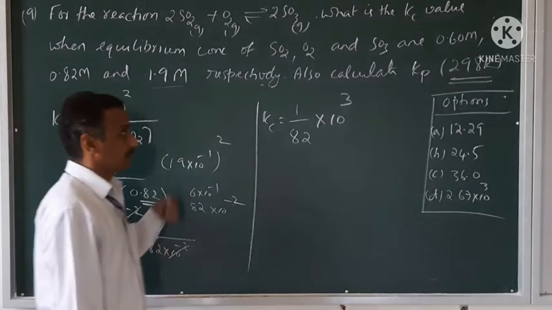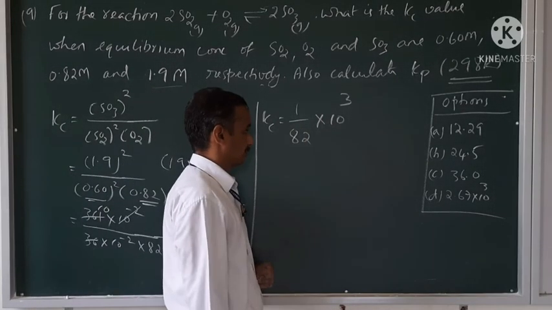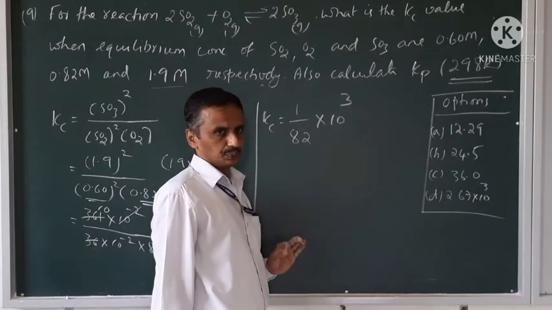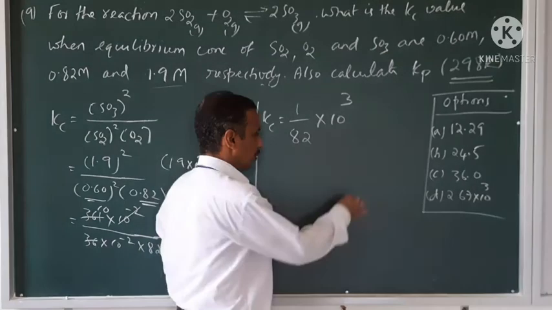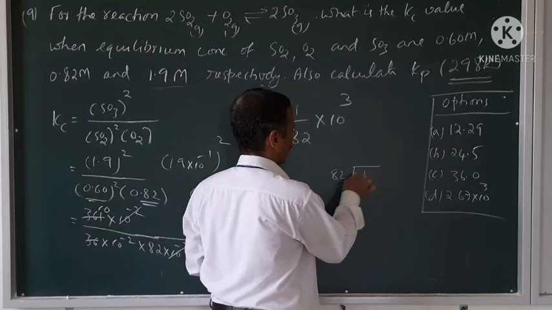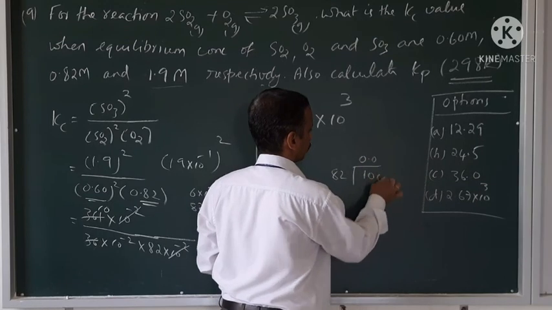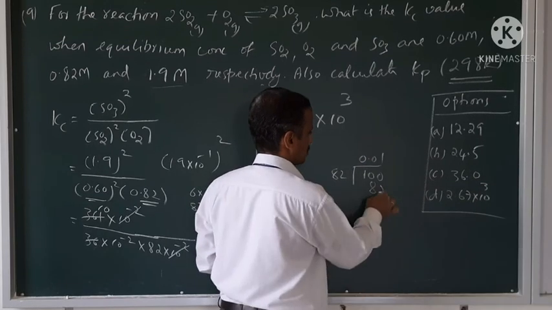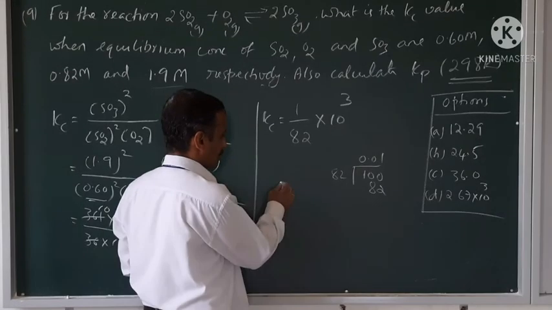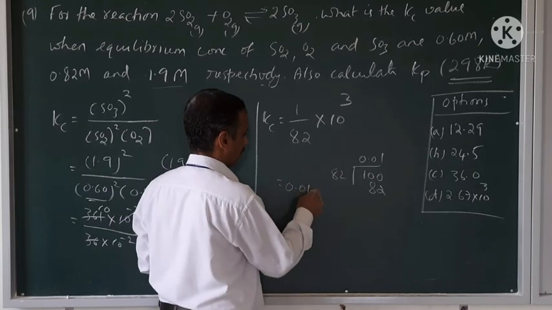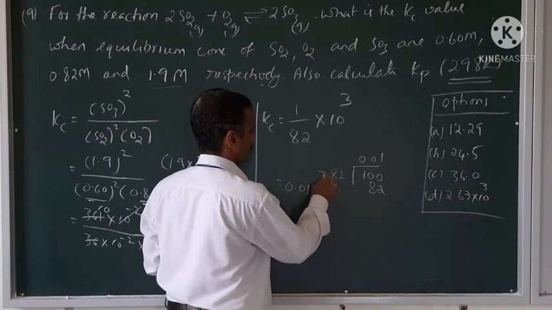Now, see here the options. 1 over 82 is about 0.01, so I will have 0.01 into 10 to the power 3.